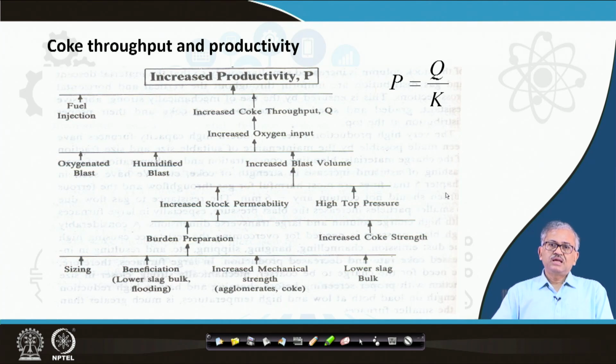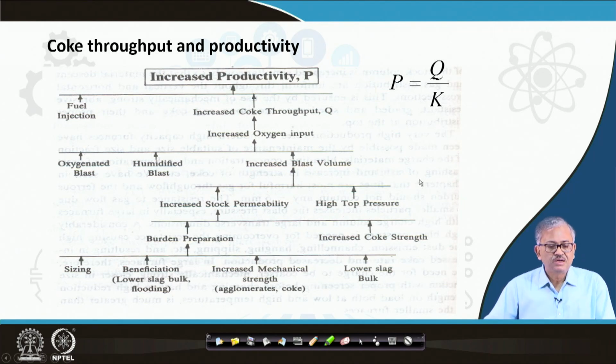And if you use the higher air blast, then aerodynamic problems crop up, because the pressure drop increases in the dry zone and everywhere. As a result, in the dry zone you may have channeling, and in the wet zone you can have a flooding tendency. So just increasing the blast rate to increase productivity is not a direct equality. You have to think about the aerodynamics of the furnace much more deeply, and then you can take that step.